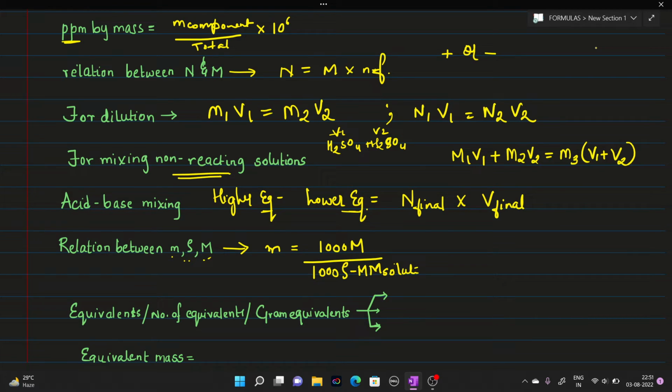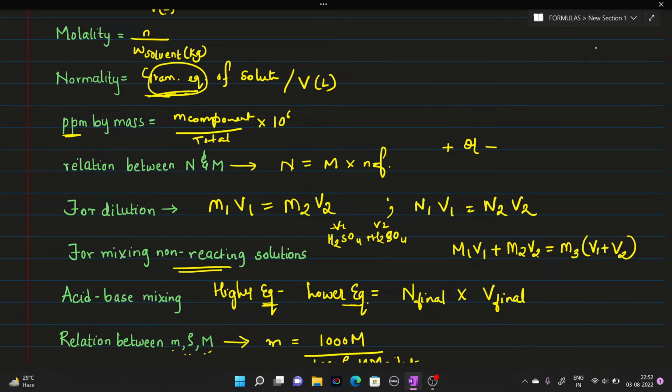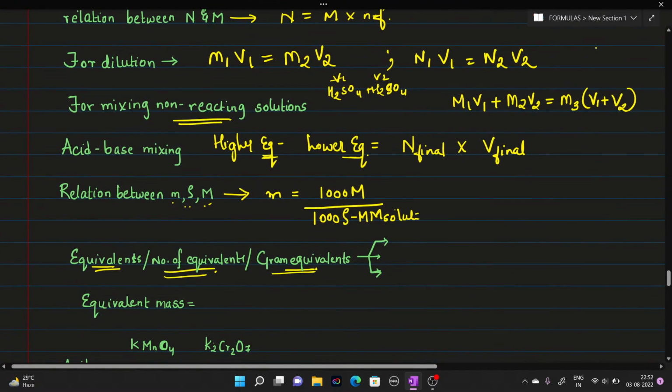After that comes equivalence, which we were discussing over here. It can also be called number of equivalence or gram equivalence. Gram equivalence of solute is the term we saw in the formula of normality. It is normality multiplied by volume in liter.